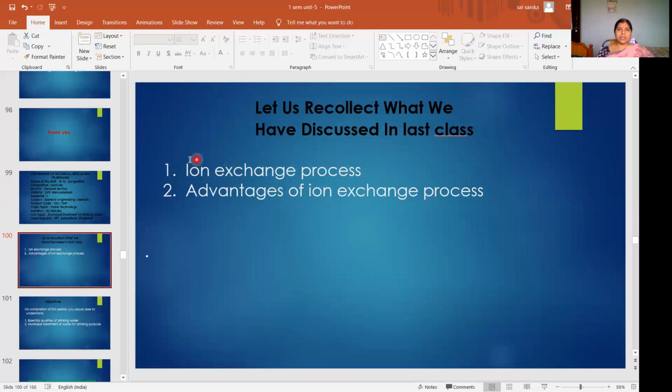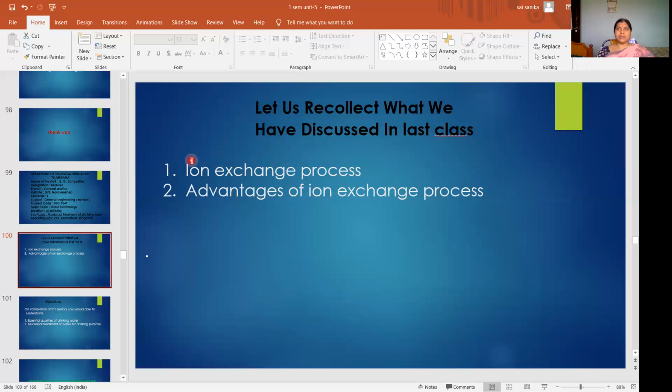Then water containing anions and H plus ions moves to the anion exchange resin container. There, the anions present in the water are exchanged with OH minus ions of the basic resin. Like this, cations and anions are removed.